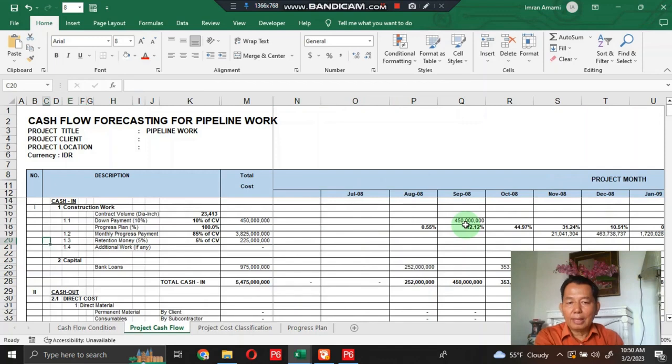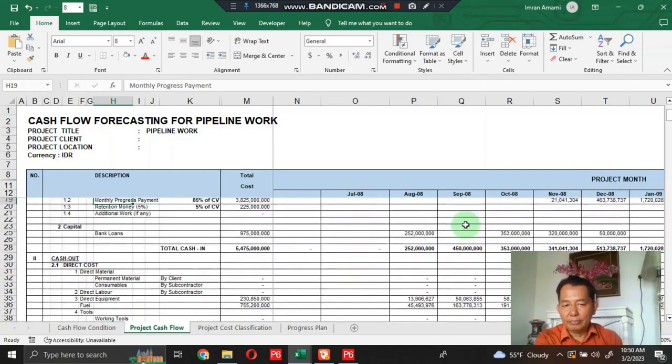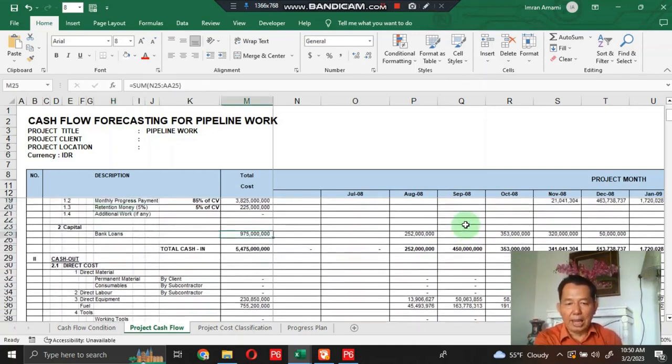There is no additional work, and this is the bank loan. Actually you should allocate the bank loan here when you finish arranging all the cash out in this project cash flow template.